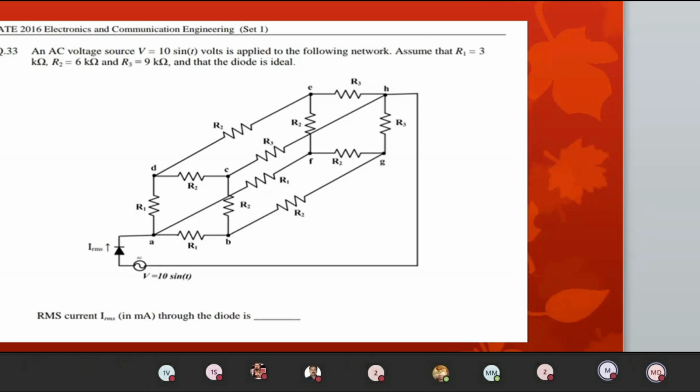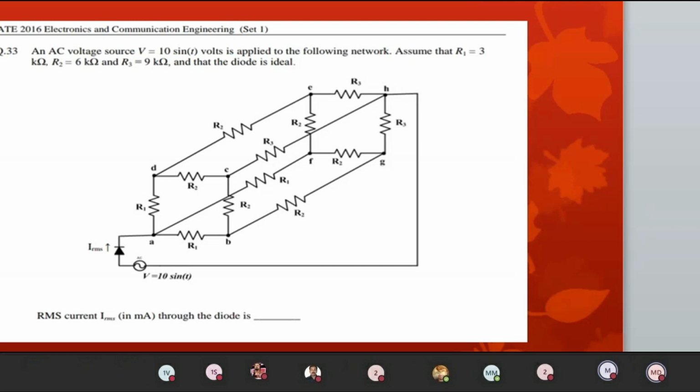I hope you remember we worked out a cubical resistance problem while analyzing KCL and KVL. Similarly, here also, this is another cubical analysis problem, but at the same time, it has three different resistors. In the previous problem we had only a single equivalent resistance, so our analysis was very easy.